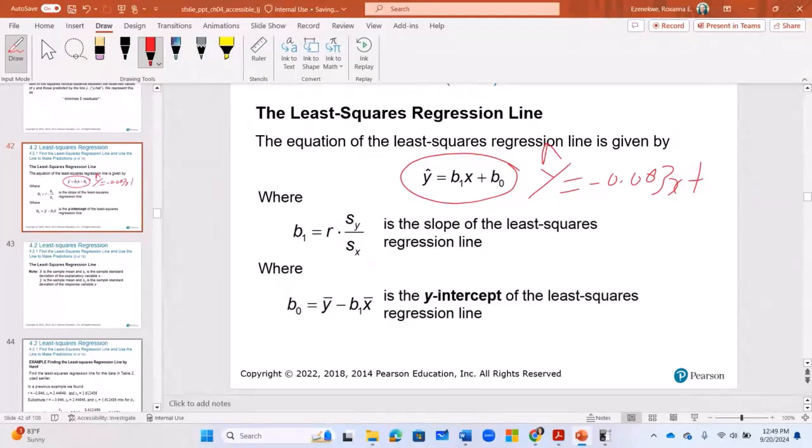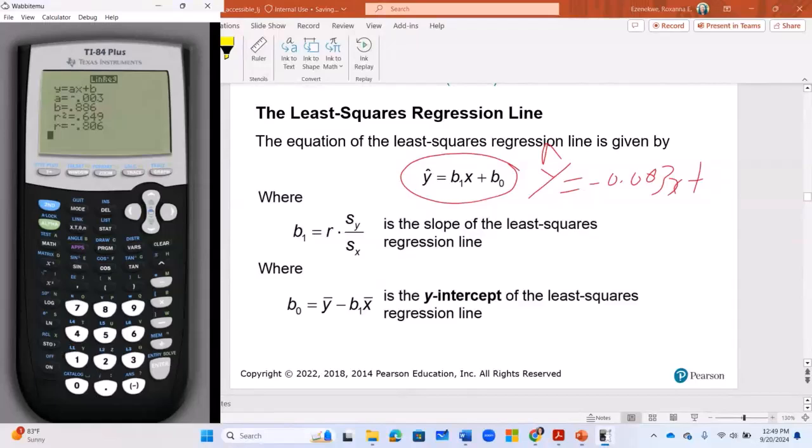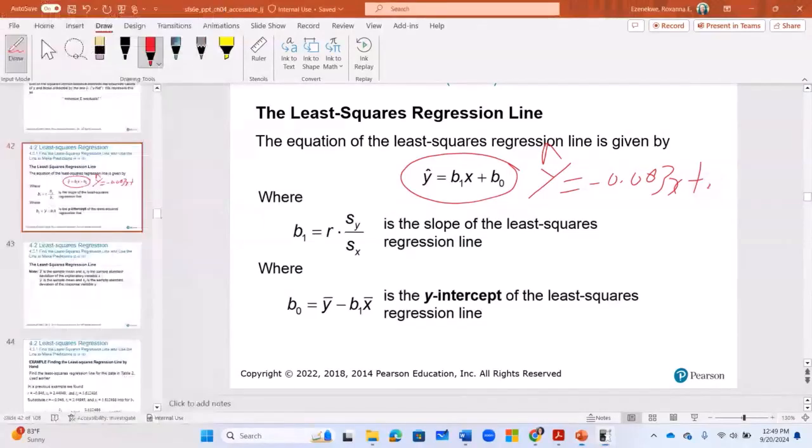What is b? Let me make it bigger. What is b from my calculator? The b from my calculator is 0.886.